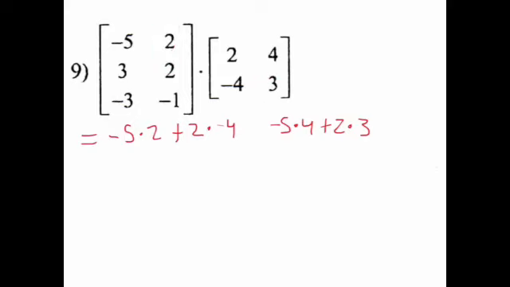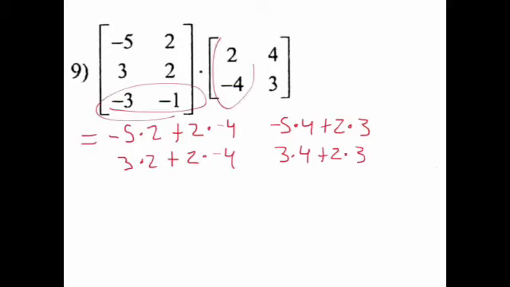And now I'm going to do second row times first column to get 3 times 2 plus 2 times negative 4. So 2 times the negative 4, 3 times the 2, that's where those pieces are coming from. Now I'm going to do second row times second column to get 3 times 4 plus 2 times 3.